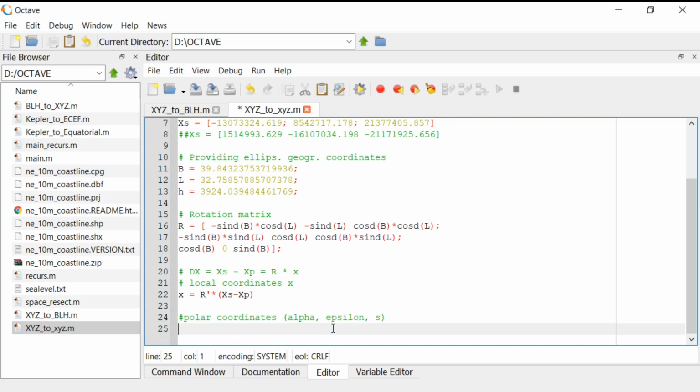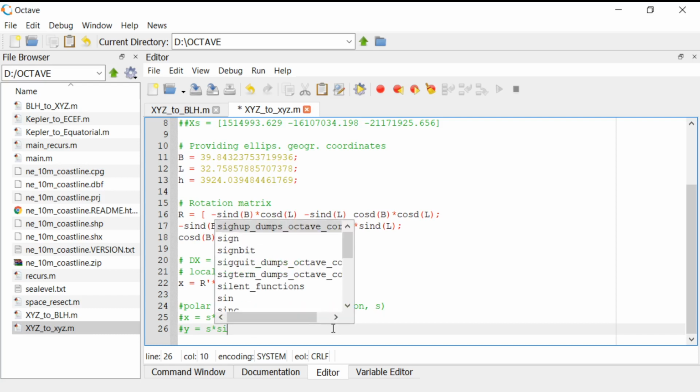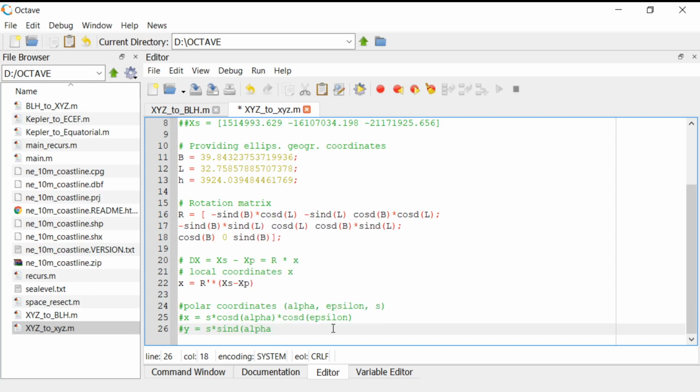And the equation: x is given as s times cosine d alpha, for example, and cosine d epsilon, and y, as you recall, is given as s times sine of d alpha times cosine d epsilon.